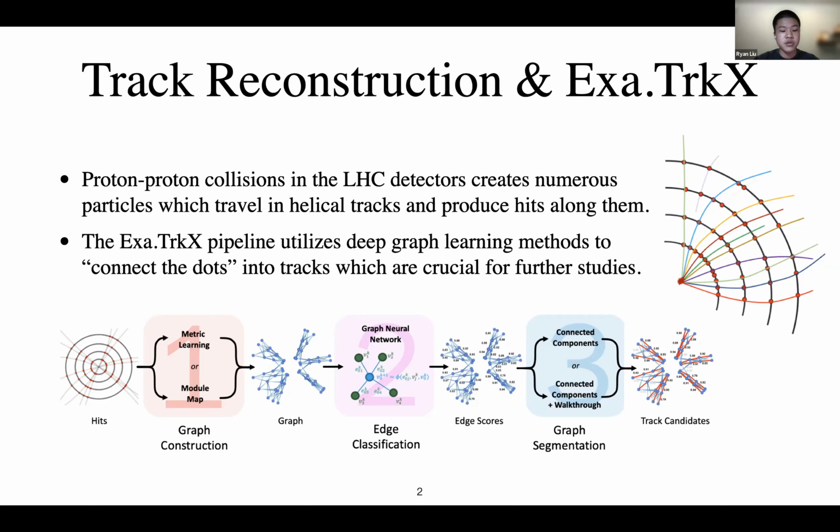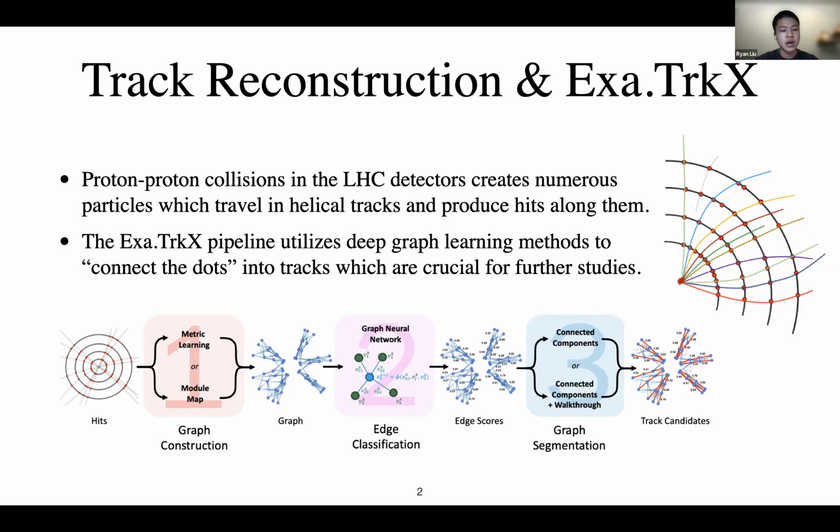Then we build a fixed radius graph, and that is the graph that will be fed into the graph neural network. The statistical approach, which is the module map, instead counts the number of particles that travel from one module to another. After counting on a large set of events, we connect all the hits belonging to two different modules that appear frequently in the statistics.